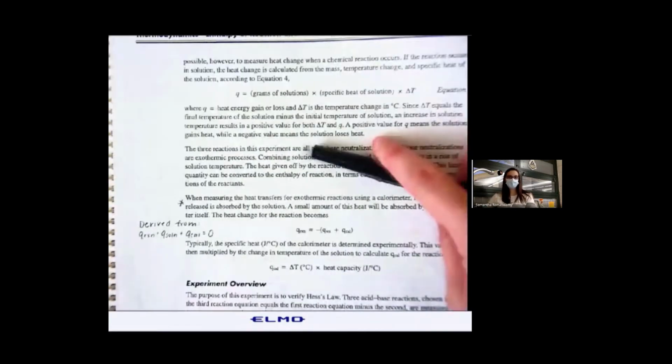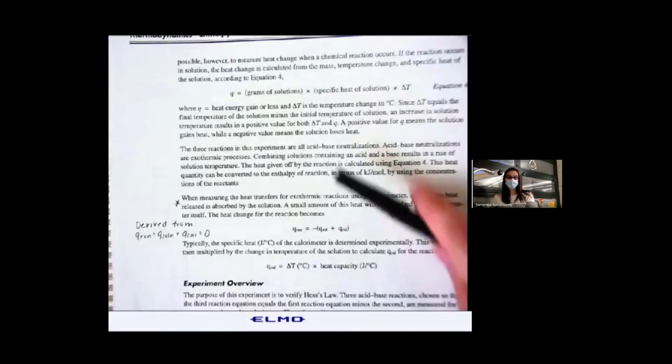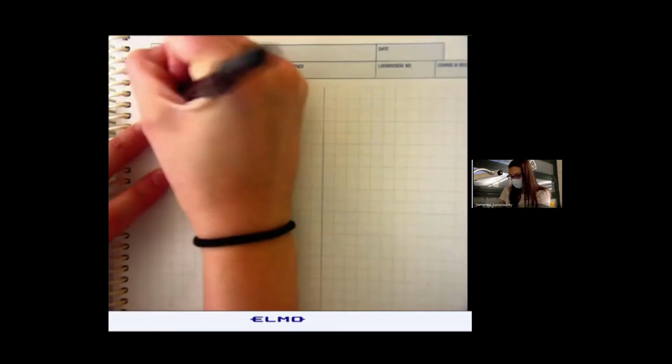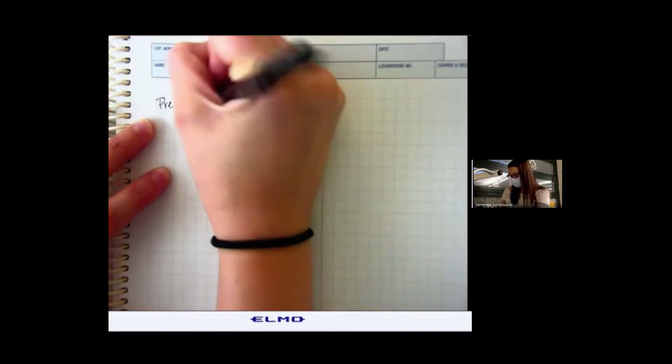You get lots of equations that are going to be really useful. And then this experiment overview always has the purpose. You do not have to write the whole thing, only part of it. So you just paraphrase. Then I'll just start with the pre-lab questions.